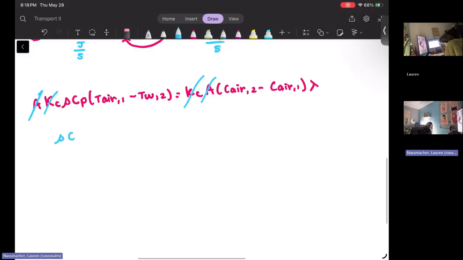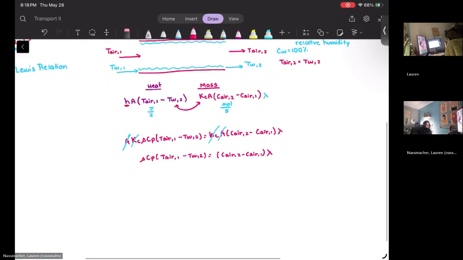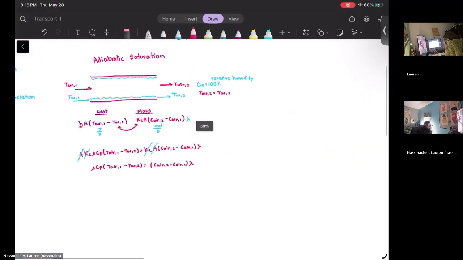Density, heat capacity, temperature of the air minus temperature of the water equals concentration of the air 2 minus concentration of the air 1, and lambda. Great.